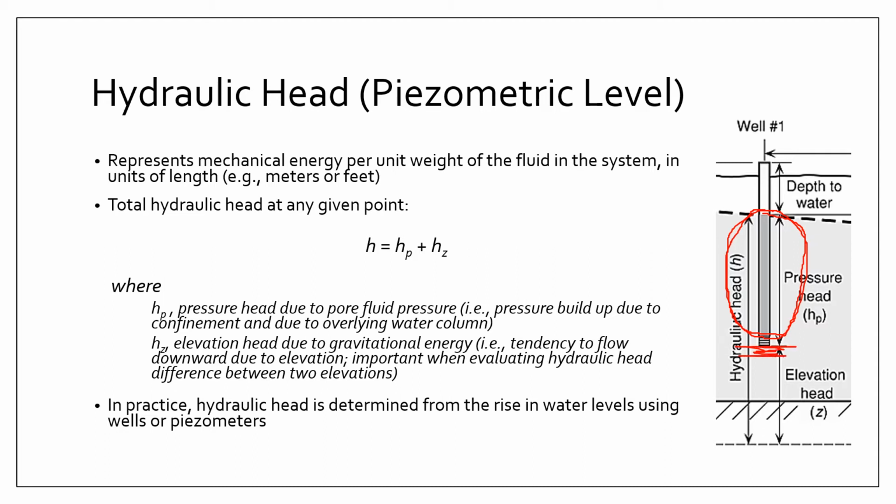Instead of expressing the pressure in units of kilopascals or pascals or psi, we just remove the unit weight of the fluid, since water has more or less a constant unit weight. We can just divide the pressure by the unit weight of water, and you will get a number that is expressed in units of length.